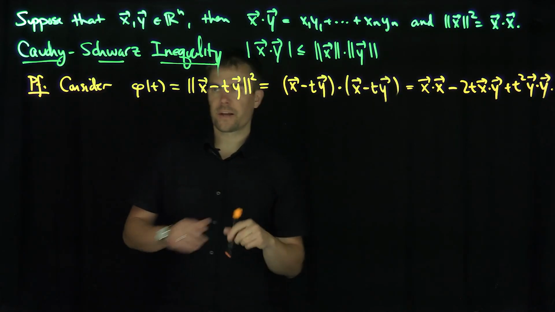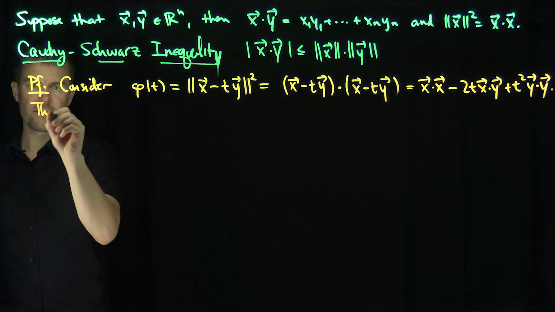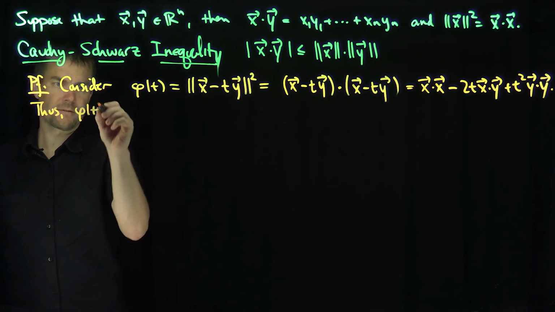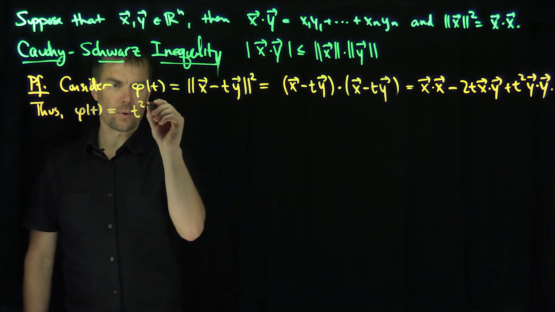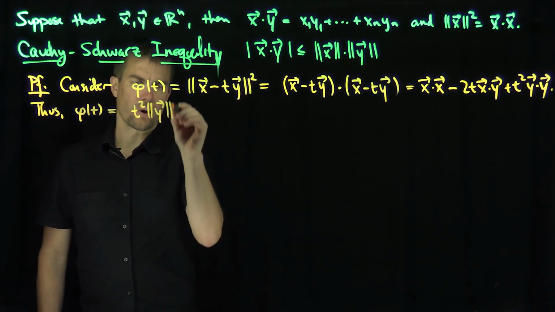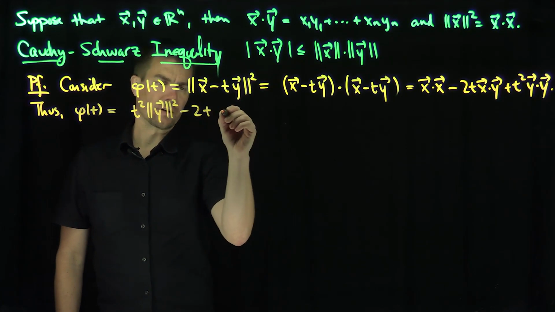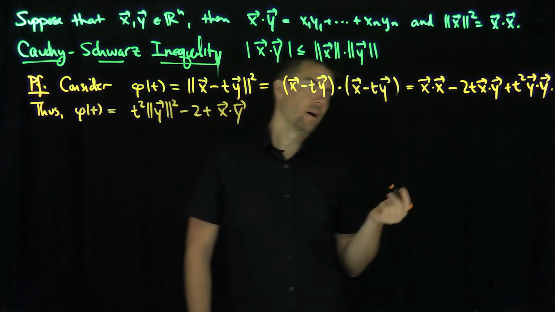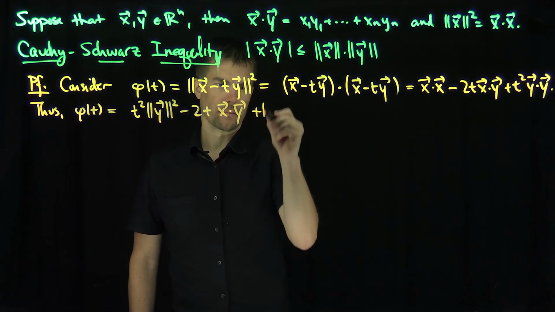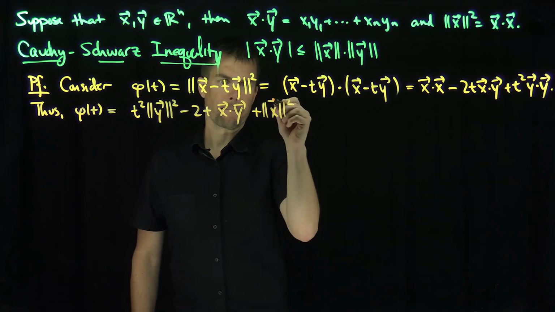And now the key feature is that this phi of t is a quadratic function. Phi of t is equal to t squared times the length of y squared, minus 2t times the inner product of x and y, plus the length of x squared.